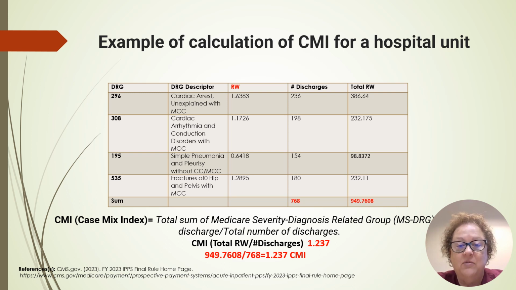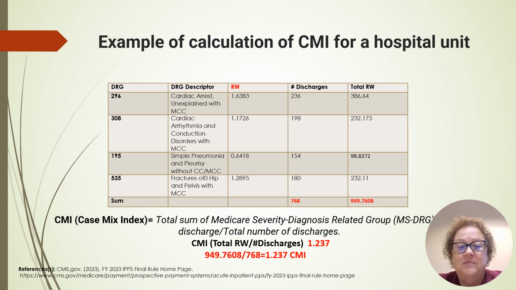And the total number of discharges down at the bottom in red is 768. And the total of the relative weights for all those 4 groups that represents all those discharges is 949.7608.